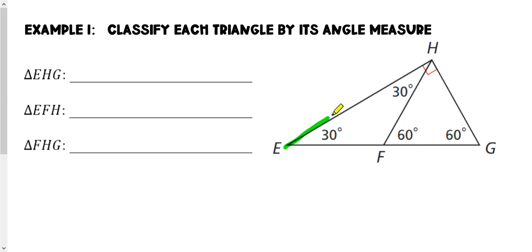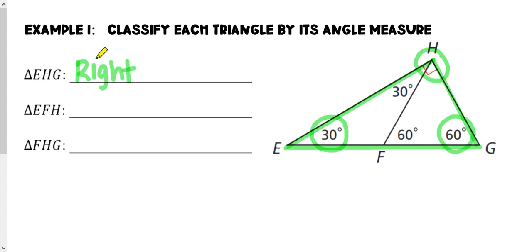If we trace out EHG, that's this big triangle here, and look at the 3 angle measurements at vertex E, which is 30, vertex H, which is 90, and vertex G, which is 60. And so because we have that right angle at H, this would be a right triangle.